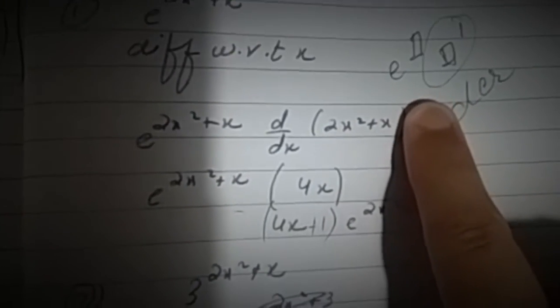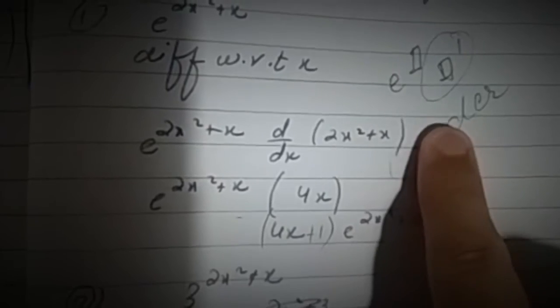e power 2x square plus x, we have to take the derivative. Here the formula comes e power box dash, where box dash means derivative. In order to simplify, box dash means derivative of the whole function.